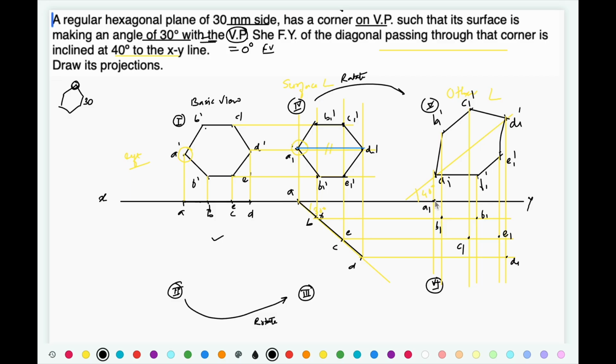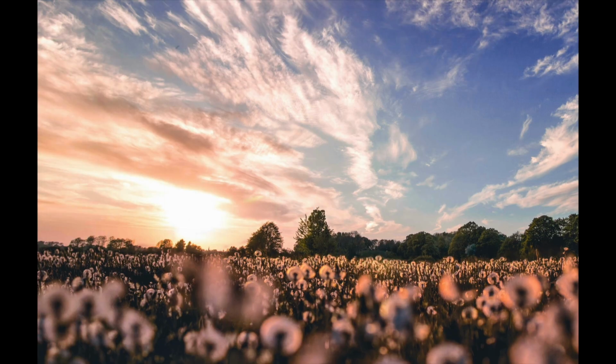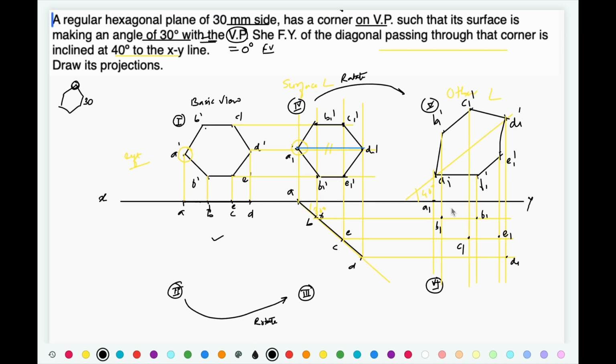So AB, BC, CD, DE, EF and FA. So this is going to be the solution.